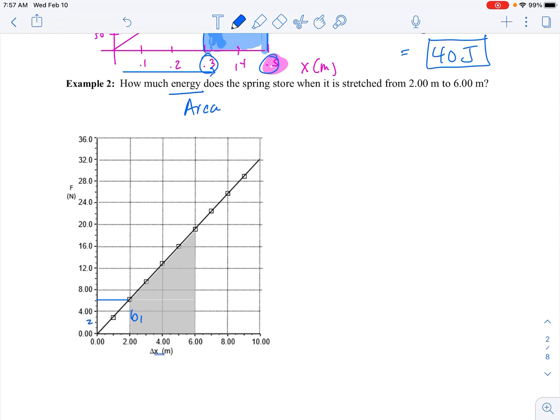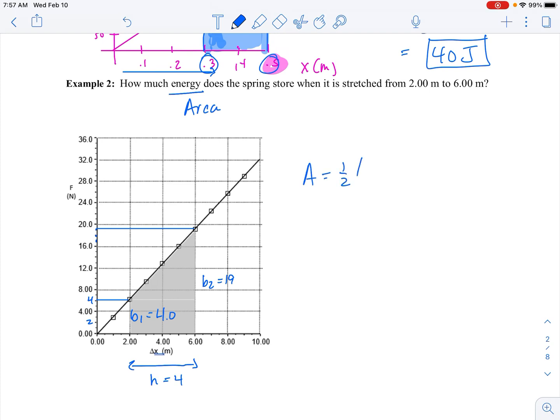This is 0, that'd be 2, that'd be 4, so b1 must be 4. b2, that's a little harder to see. It looks like 16, 17, 18, 19. And then the height, or distance between the bases, is 4.